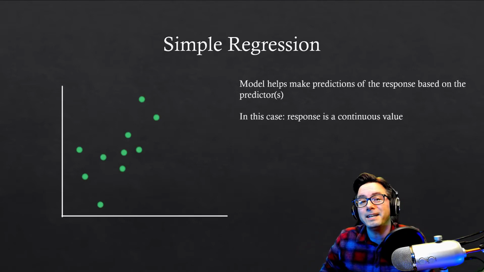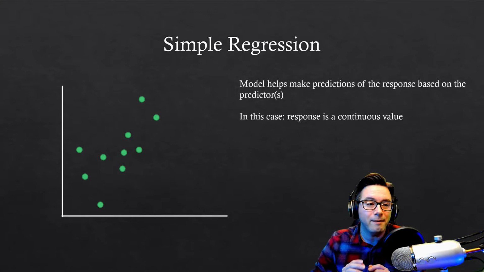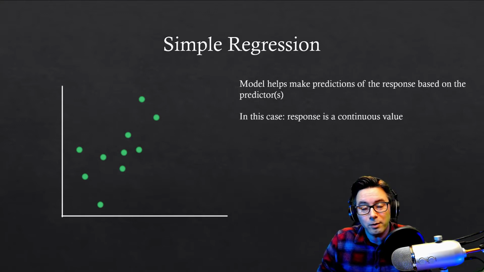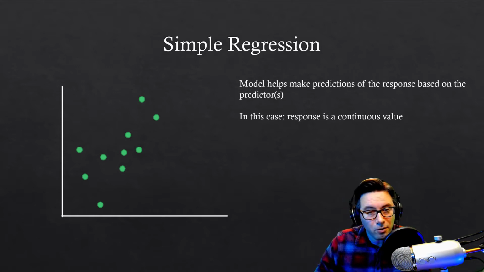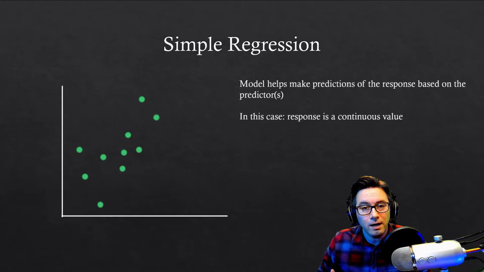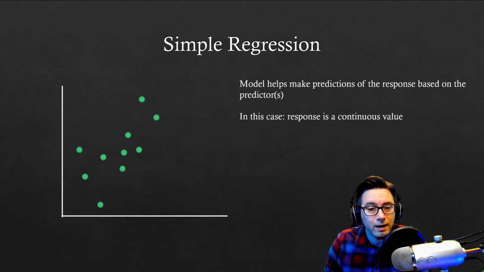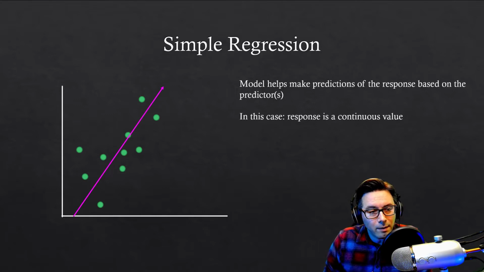So before we get into new stuff, one of the things that I want to talk about is what we've done so far. So far what we've done is we've predicted responses with predictors, and those responses are continuous values, right? They're numerical values, and we come up with a best fit line to predict those values in between.